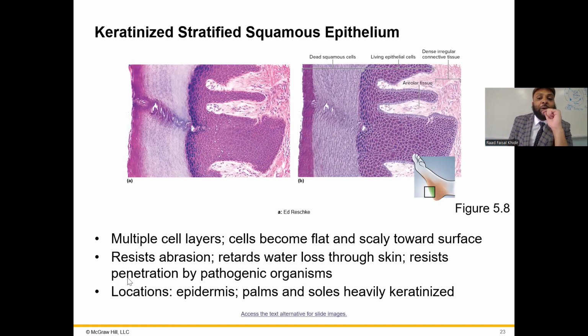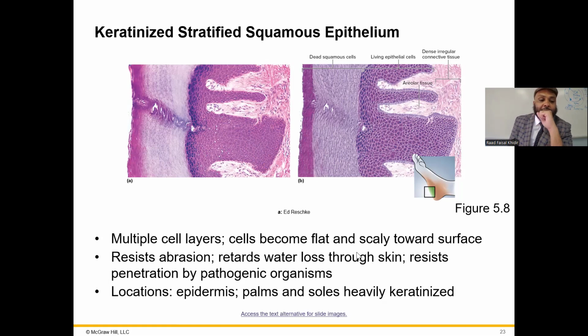Keratinized stratified squamous epithelium has multiple cell layers, and the cells become flat and scaly toward the surface, and they resist abrasion, retard water loss through the skin, and resist penetration by pathogenic organisms. The location of the keratinized stratified squamous epithelium is the epidermis, the palms, and the soles of the feet.